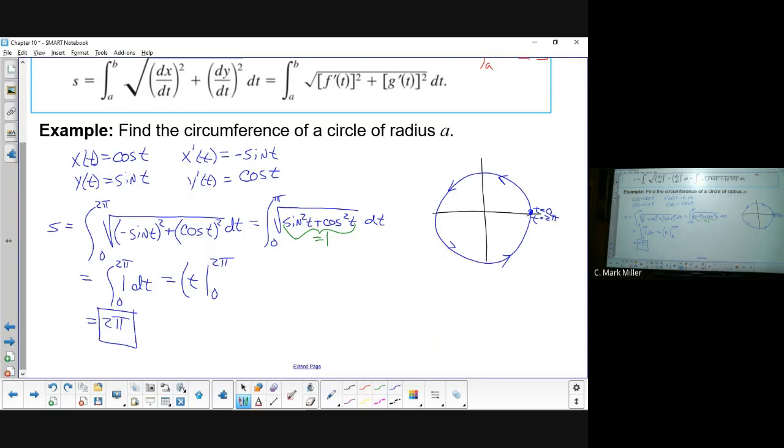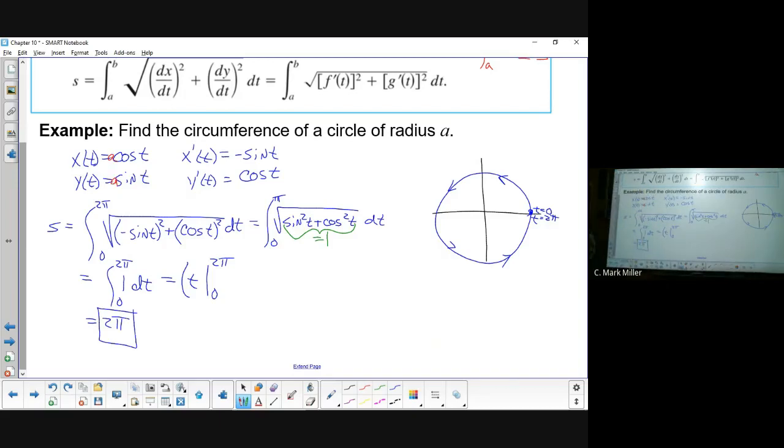Oh, wait a minute, you know what? I caught myself. This would be the circumference of a circle of radius 1. I got too fast. This isn't a circle of radius 1, it's a circle of radius a. So how does that change this problem? Well, that's going to be an a here, an a here.